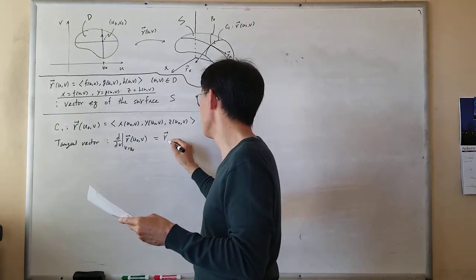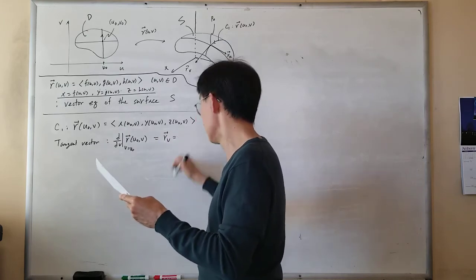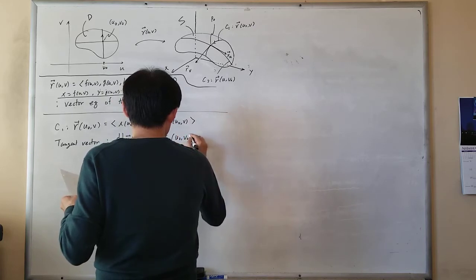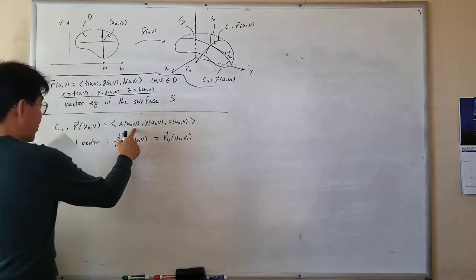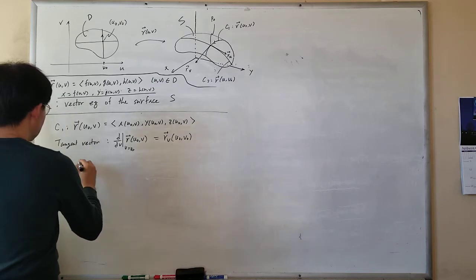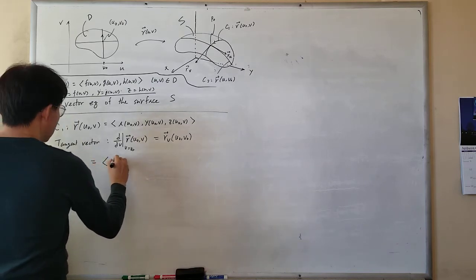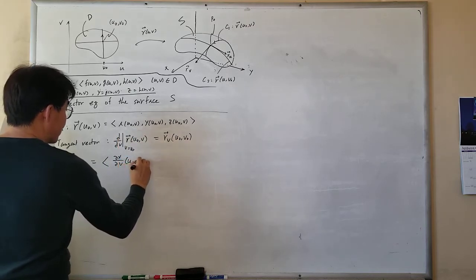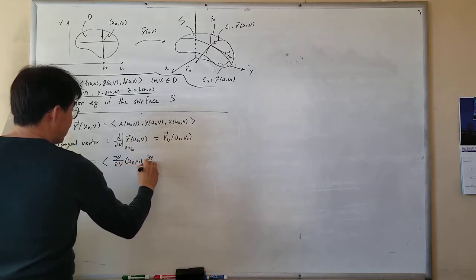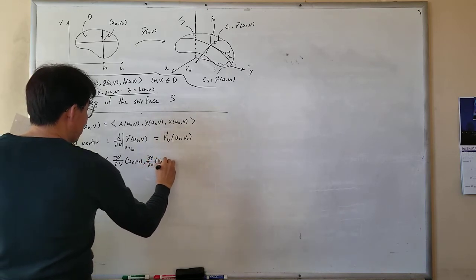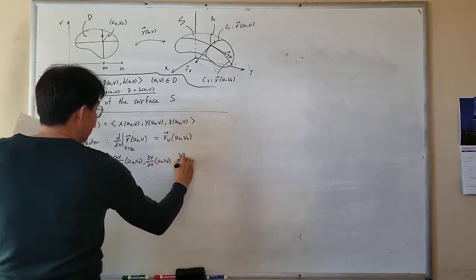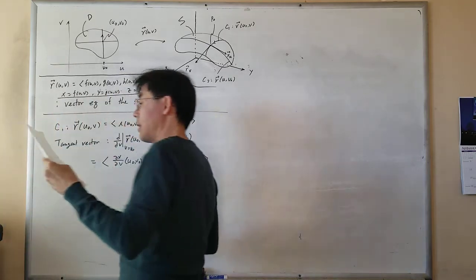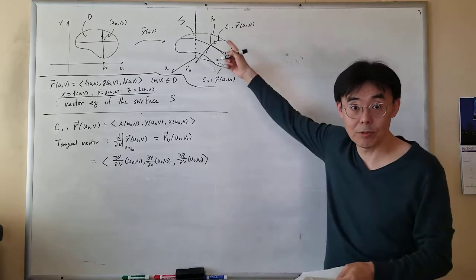Or in short, we write it r sub v at u0, v0. So here the v derivative is actually the same as the v partial derivative of x at u0, v0, the v partial derivative of y at u0, v0, and the v partial derivative of z at u0, v0. Okay, that would be the tangent vector to the first grid curve.